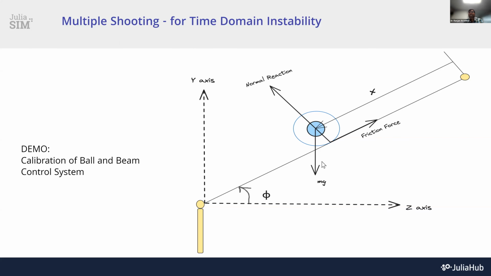And there's a certain amount of friction, there's gravity, and so on and so forth. So now this system is quite unstable in open loop. As you can see, this ball can roll off the beam very easily, and that in some sense is one of the reasons for the instability.